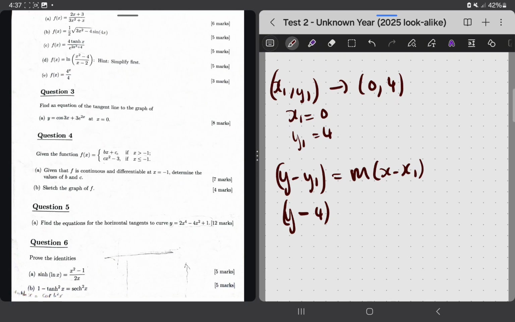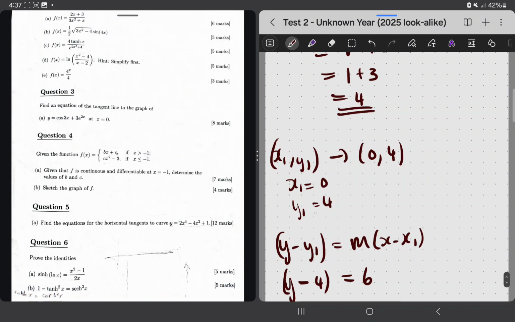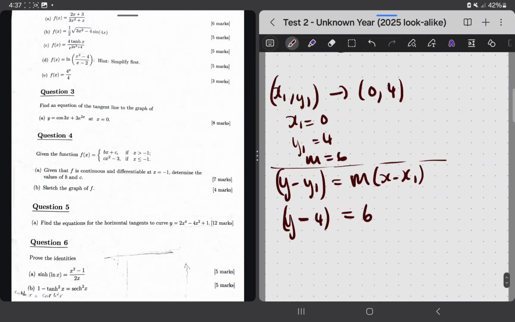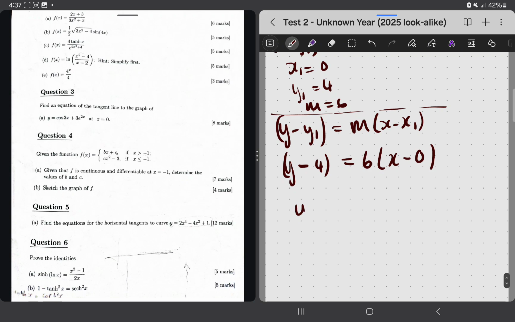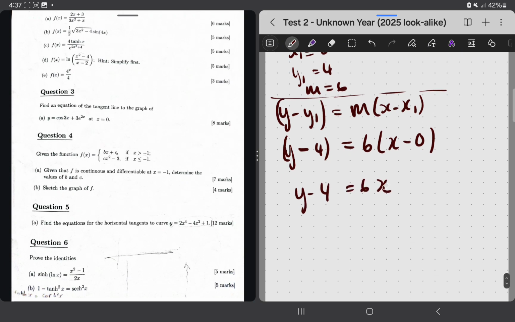So now it will be y minus 4 is equal to m, which is 6. You skip some lines and you do this. 6 multiplying x minus x1, which is 0. So it's just going to be y minus 4 is equal to 6x, because x minus 0 is just x. Then 4 goes to the other side. We have y is equal to 6x plus 4. This is going to be the equation of the tangent, and you are done.